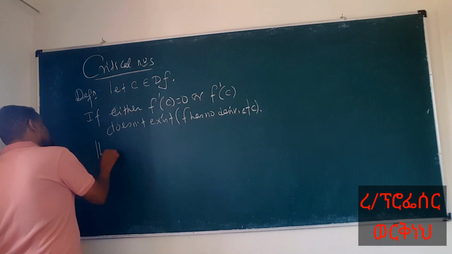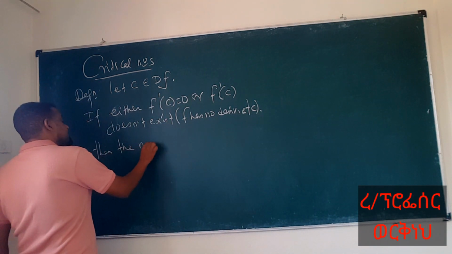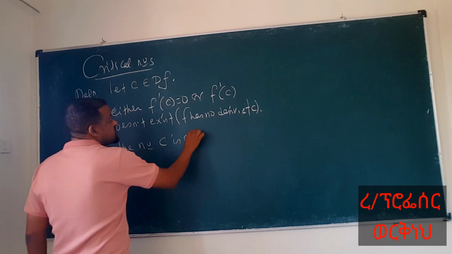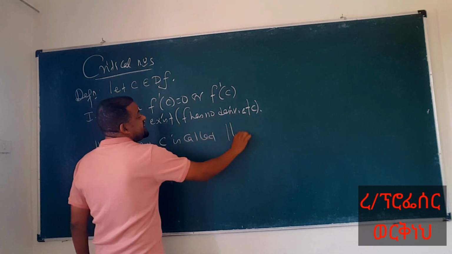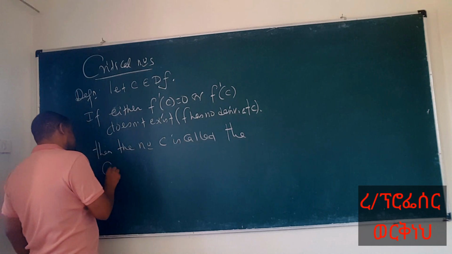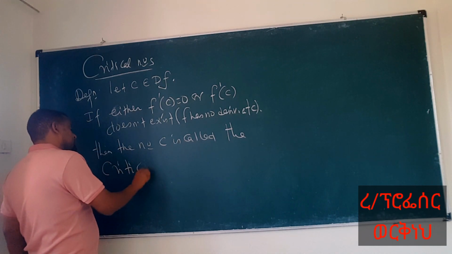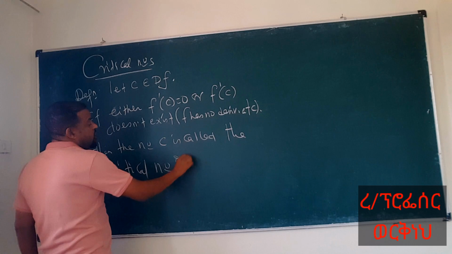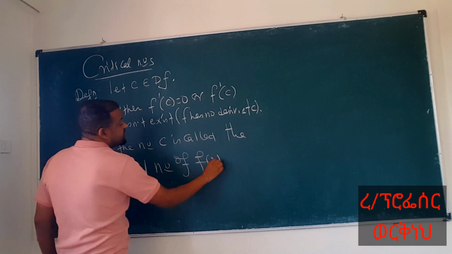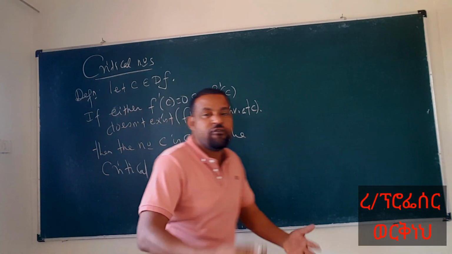the number c is called the critical number of f of x.